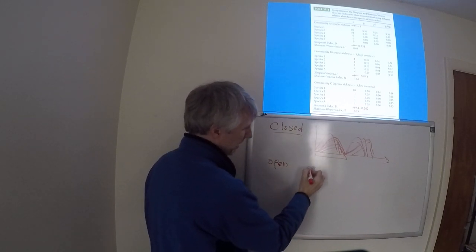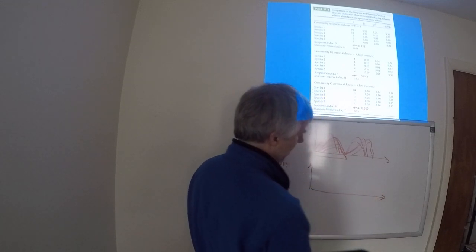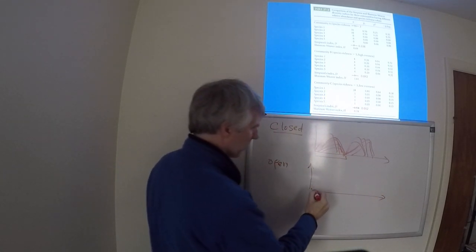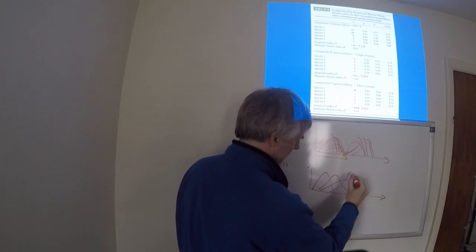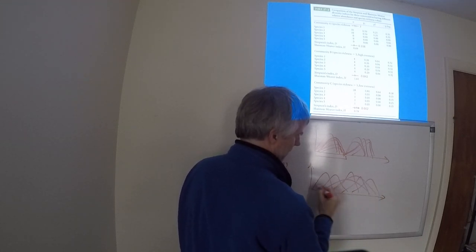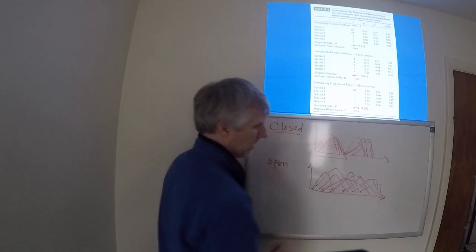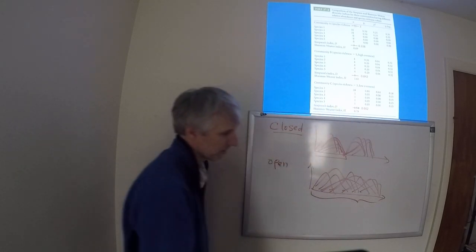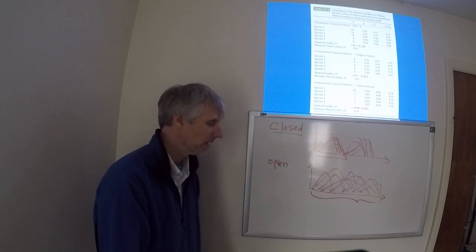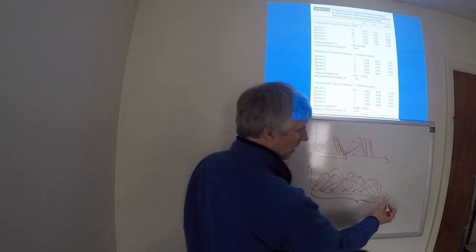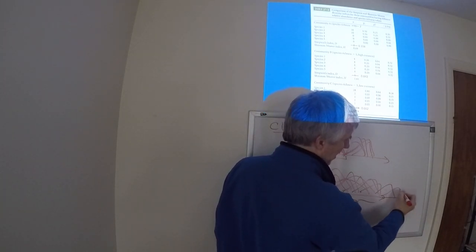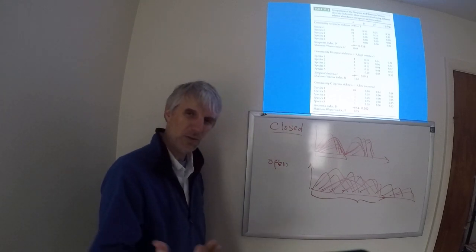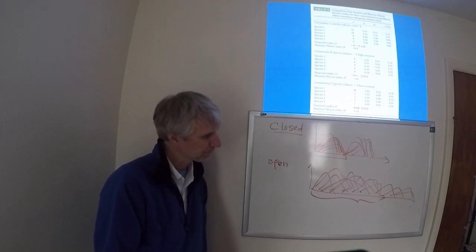On the other hand, if we're in an open community, I could, I suppose, come up with something to describe the entire thing, but the whole point with an open community is it doesn't matter how far you go, there's never any abrupt ecotone.